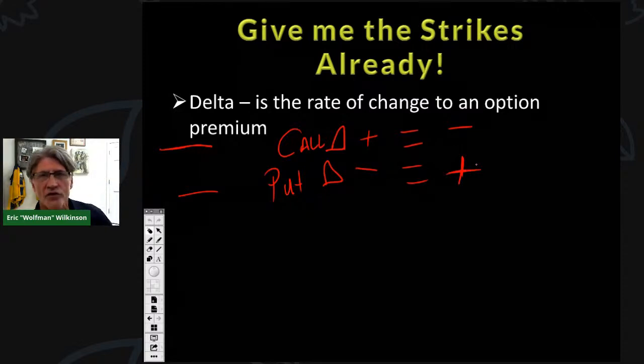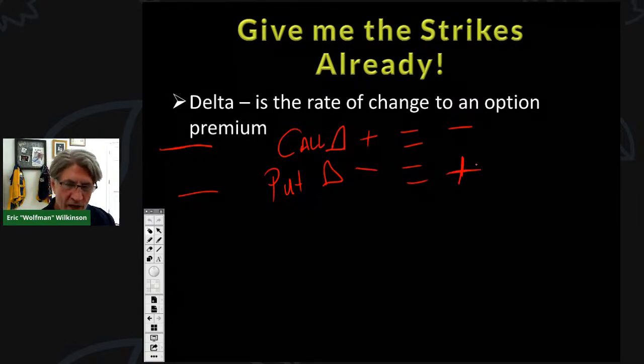Meaning, if I sold a put, I want this underlying to go up, right? I sell a negative delta, that negative plus a negative means my position will benefit from a positive move. Everybody with me there? And if I sell a call, I sell a positive delta. I'm short, negative plus a positive makes it a negative.